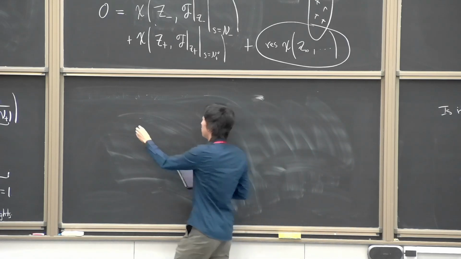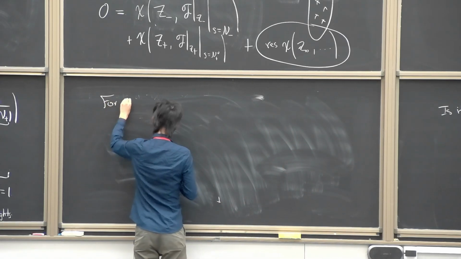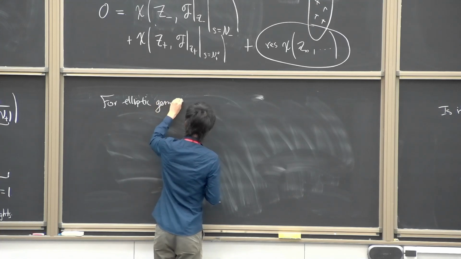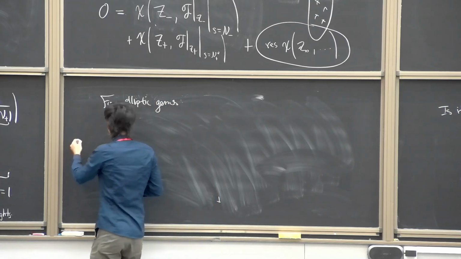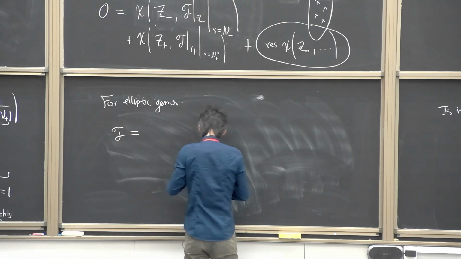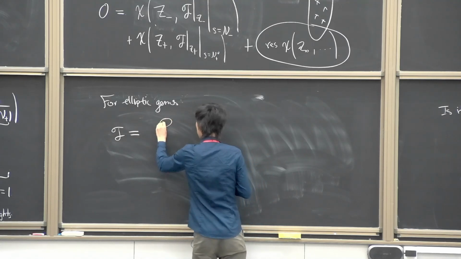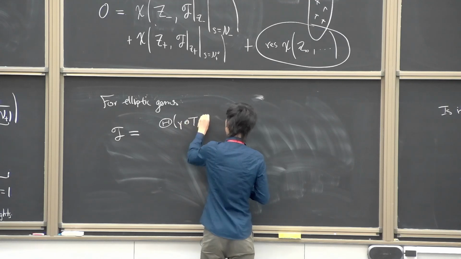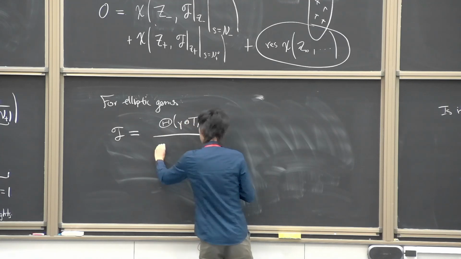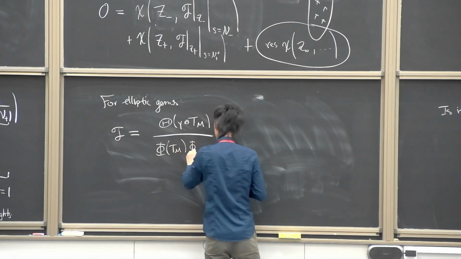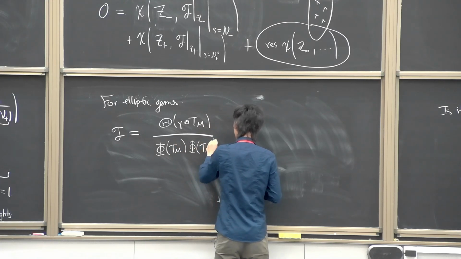So for elliptic genus, you start off by integrating over M some quantity which looks like theta of y times the tangent bundle of M over theta of the tangent bundle of M, du.